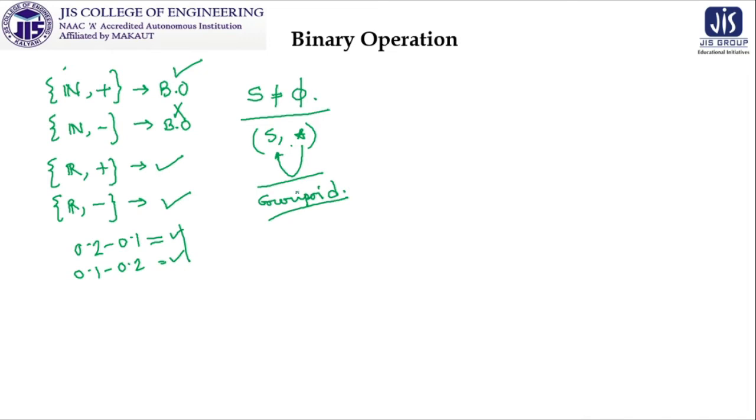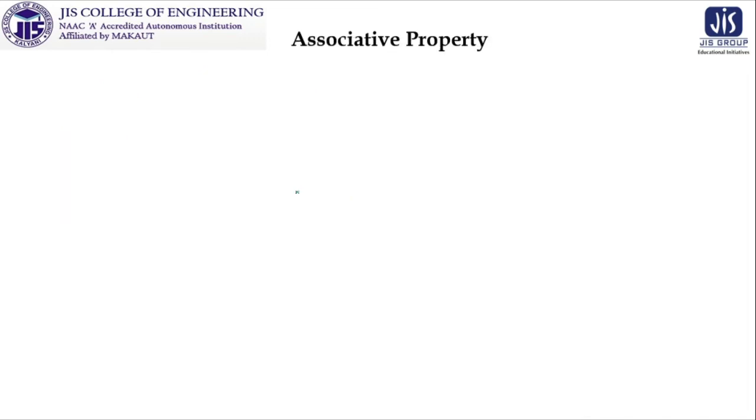Now proceeding further, another property we are starting is the associative property. Here also we have to start with the same concept: we are taking a set which is non-empty and one binary operation star, meaning it is already tested and verified that it is a binary operation.